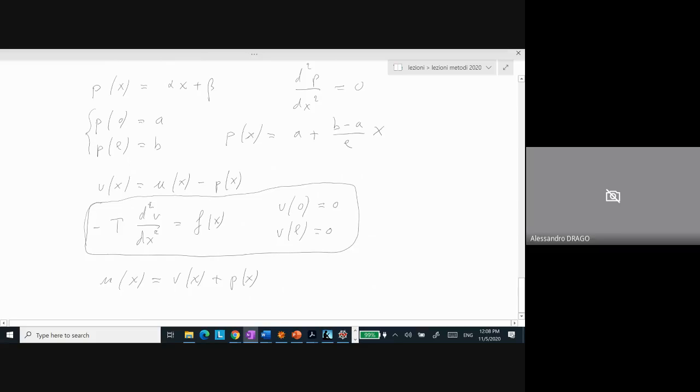This is what will guarantee that the Fourier series is converging rapidly and pointwise, because we know that instead, for f of x, the convergence of the Fourier series is not pointwise.